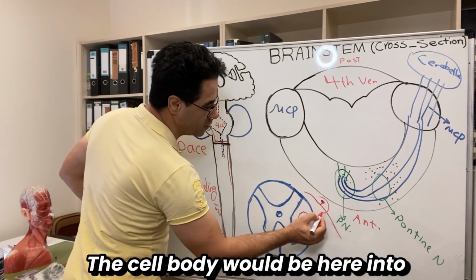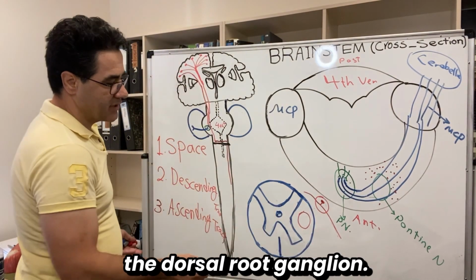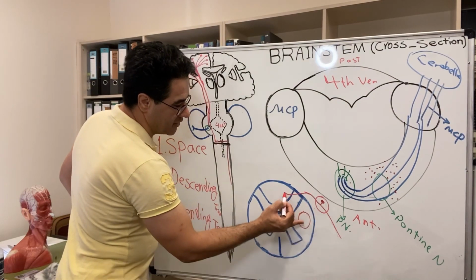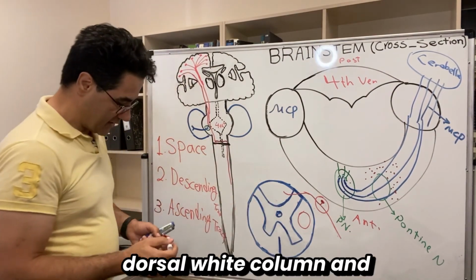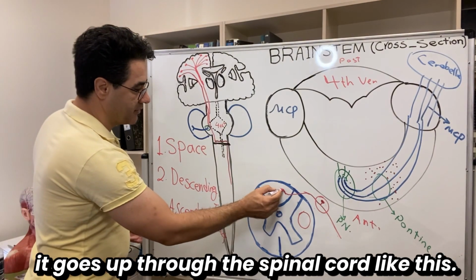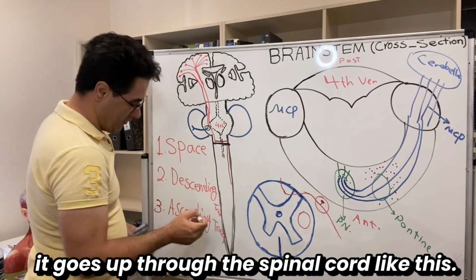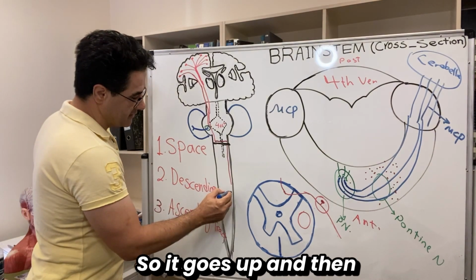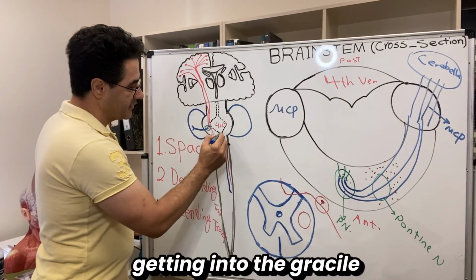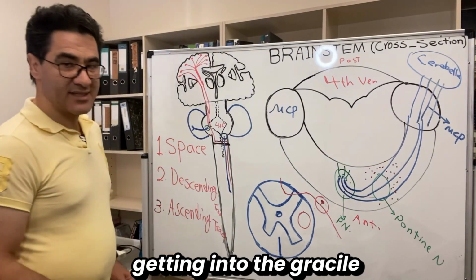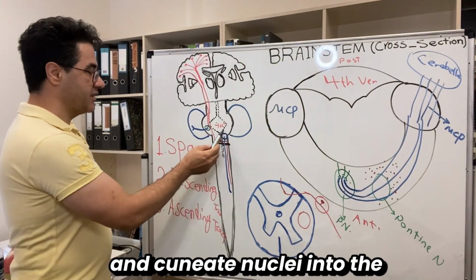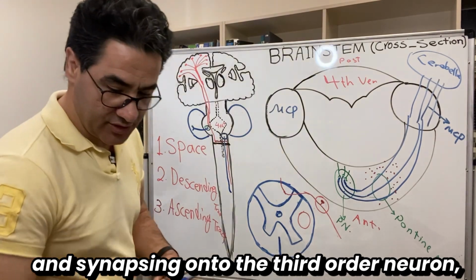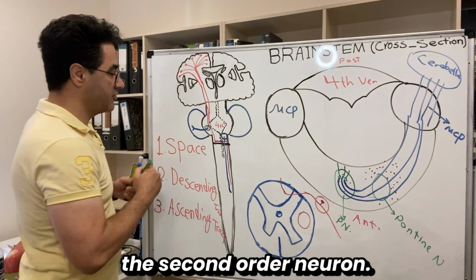The cell body would be here in the dorsal root ganglion, and then it gets into the dorsal white column, and it goes up through the spinal cord like this. So it goes up and then gets into the gracile and cuneate nuclei in the medulla oblongata, synapsing onto the second order neuron.